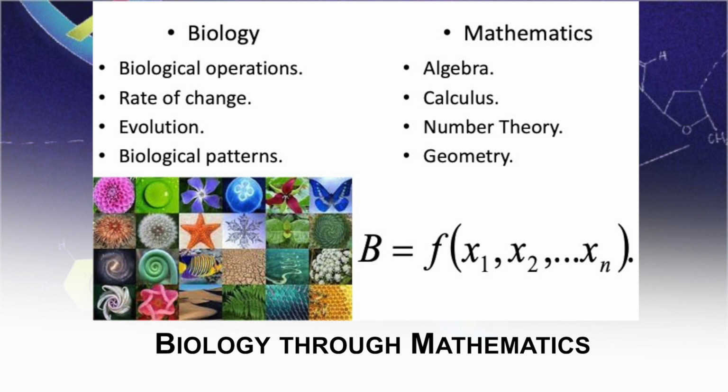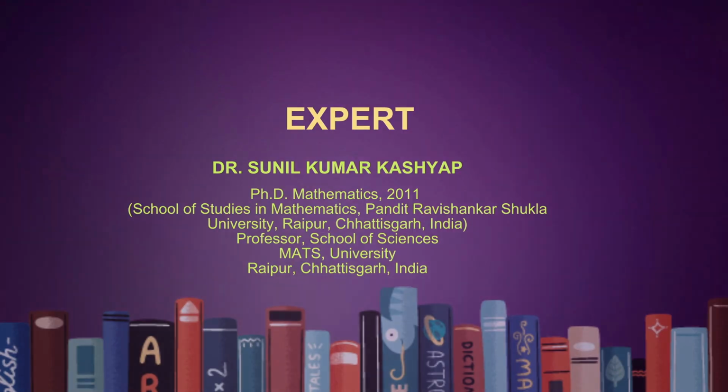Evolution is defined by number theory, because a prime number or atom becomes a molecule, and number theory defines this. Geometry means pattern; the whole of nature, the whole environment, is a reflection of geometry, and all biological patterns are transformed into a function. Thank you.